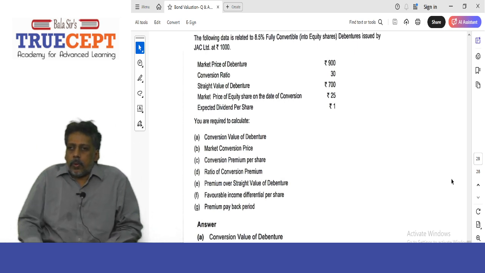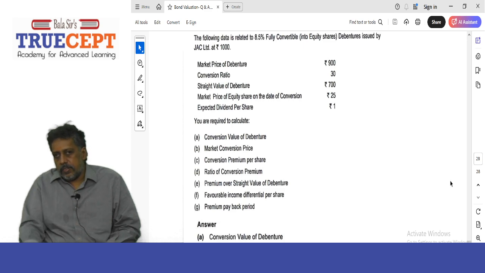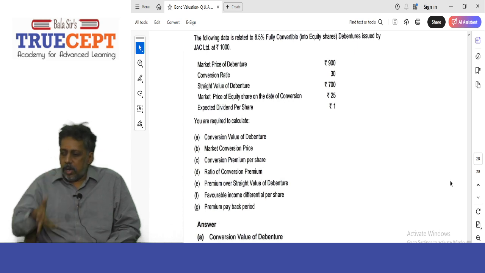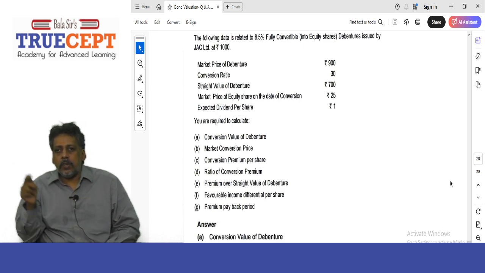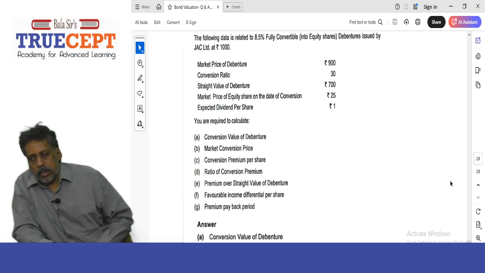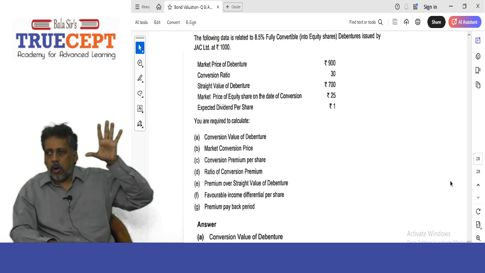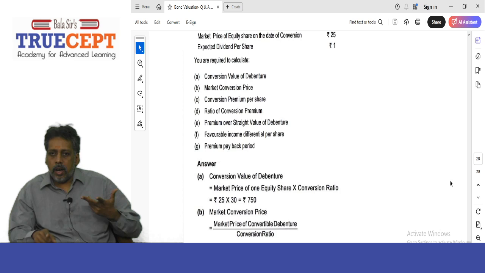Now let's answer the question one by one. What is the first question asked? Yes, sir. Conversion value of debenture. Very simple. This conversion value is also known as something called the stock value of the bond. I repeat, conversion value of the bond is also known as what? Stock. The stock or the share value of the bond.